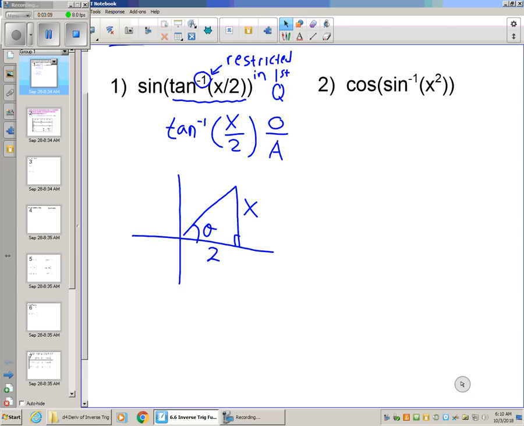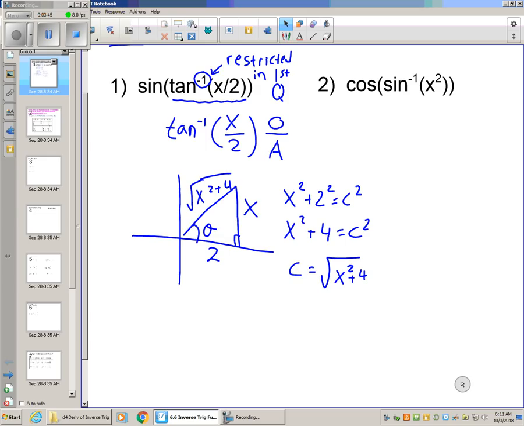We have x squared plus 2 squared equals c squared. Then just do some quick math: x squared plus 4 equals c squared. Solving for c, we get c equals the square root of x squared plus 4. So the hypotenuse in this equation is equal to the square root of x squared plus 4.